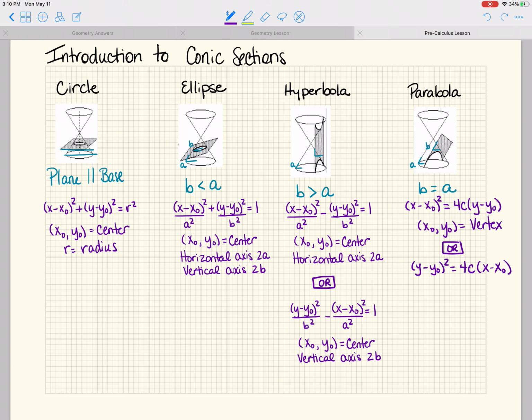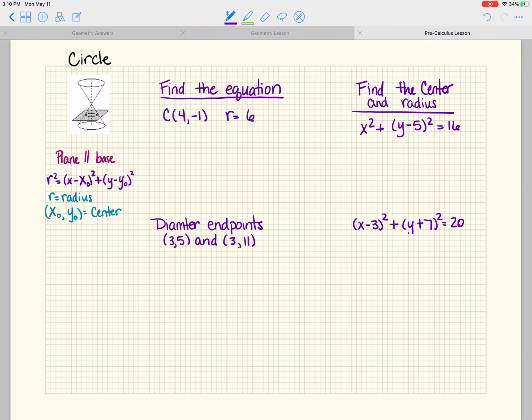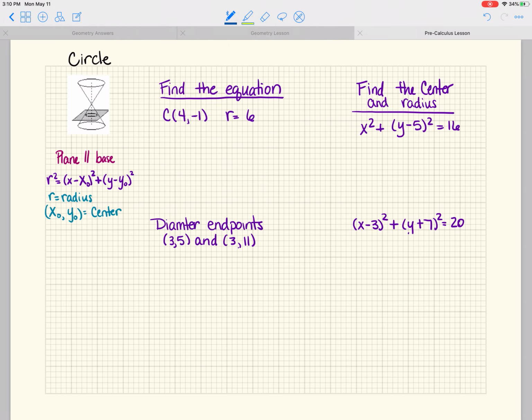So let's take a look at a circle to begin with. We can use this information to help us find the equation from information, or find information from the equation. If we have a center at (4, -1) and a radius of 6, our equation is (x minus x0) squared plus (y minus y0) squared equals the radius squared.